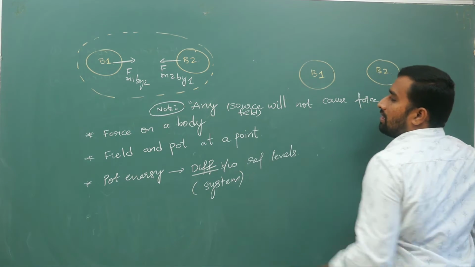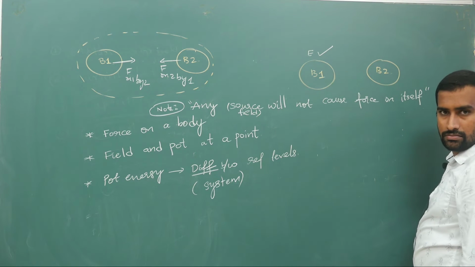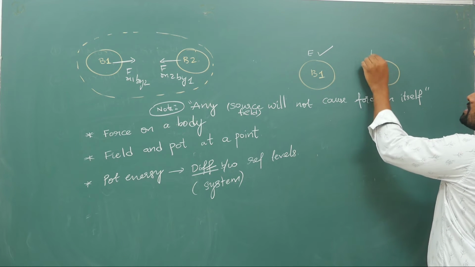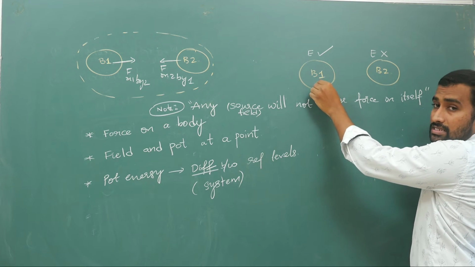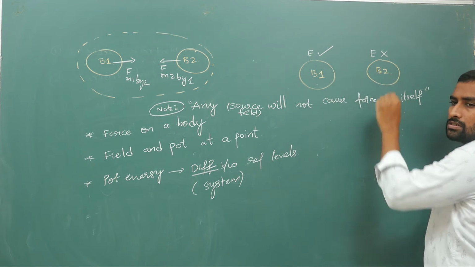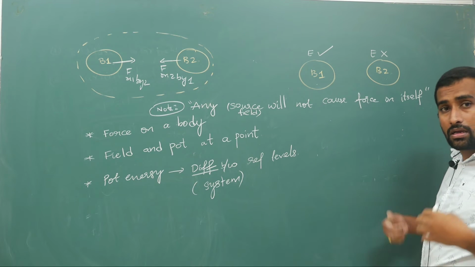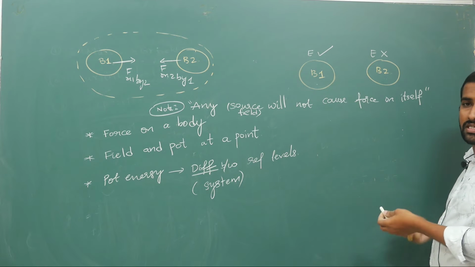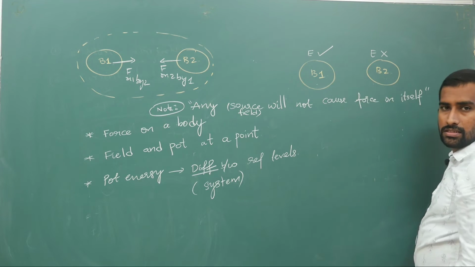Now if B1 is producing an electric field and B2 is not producing an electric field, that means this body is charged and this body is not at all charged. If you ask me, sir, is there electric force between these two bodies?